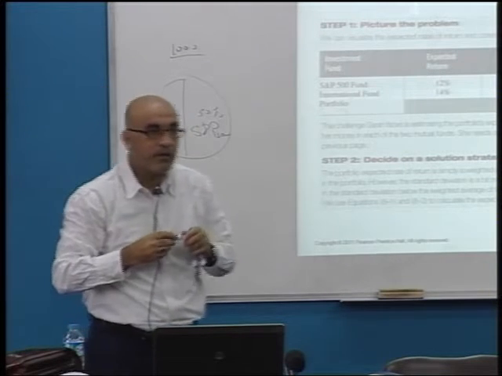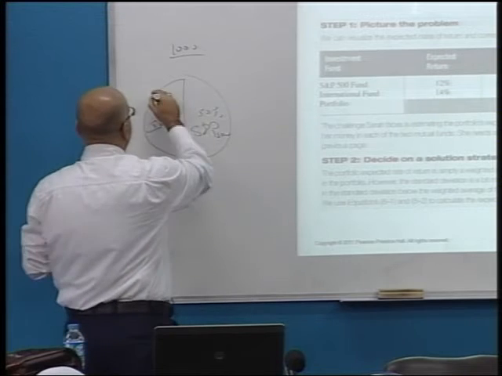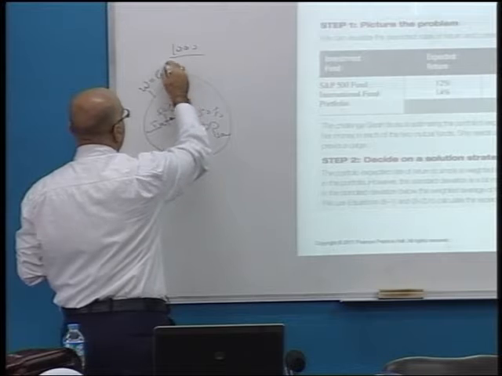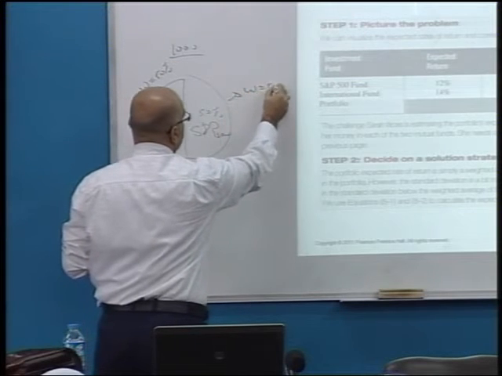Okay? So the weighted average here is 50%, and the weight here is 50%.